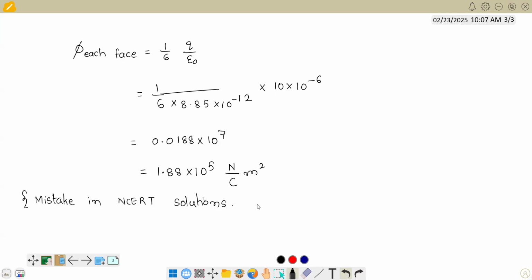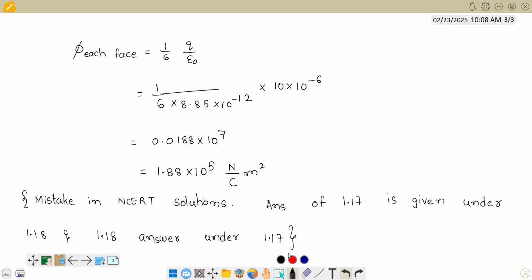The reason is that the answer of 1.17 is given under 1.18, and the 1.18 answer under 1.17. If you see the solutions, you will understand what I am talking about. Basically, some printing error, the answers were flipped.